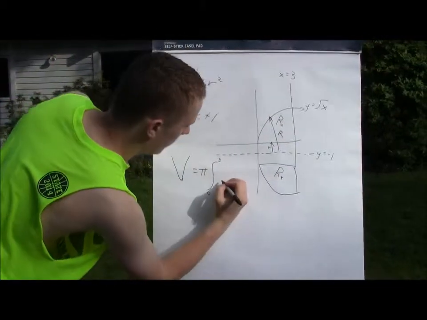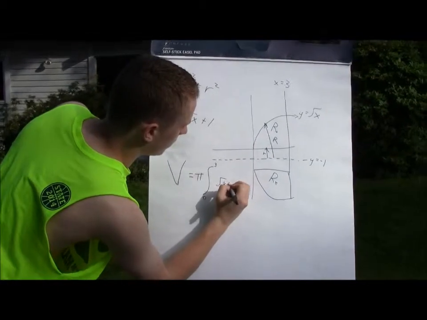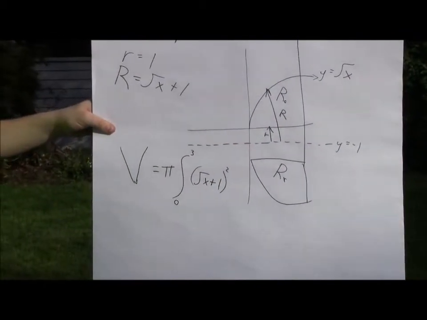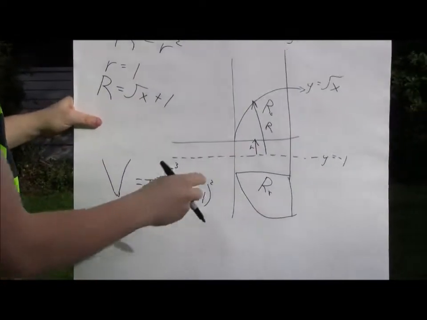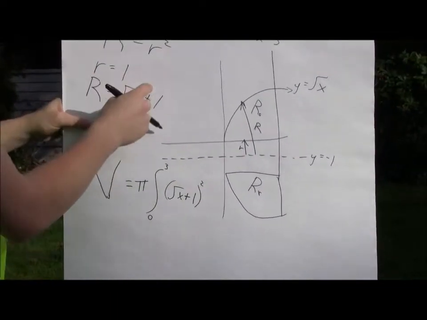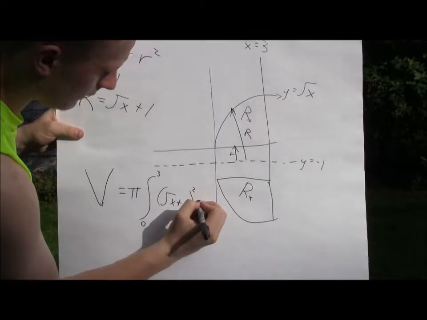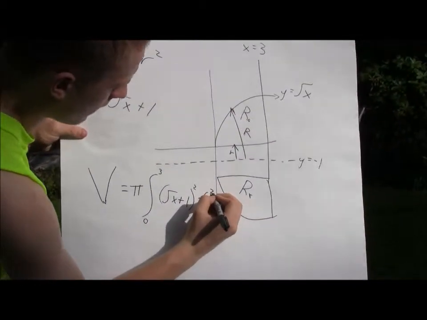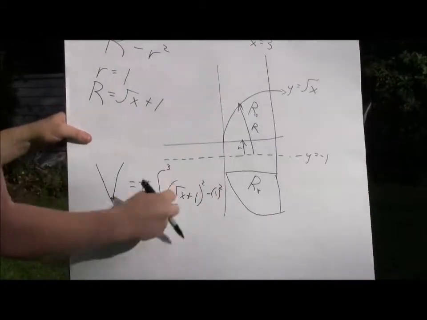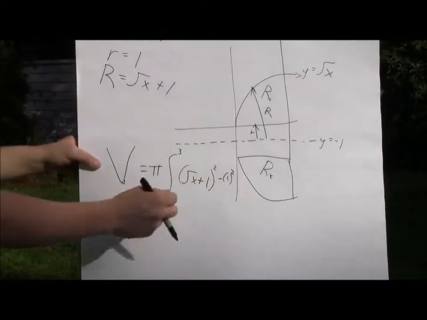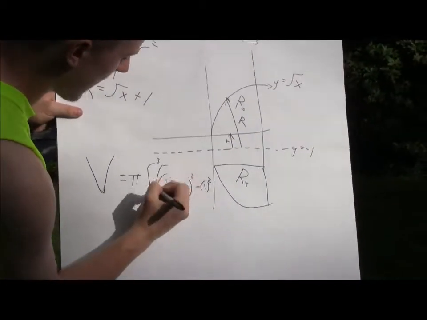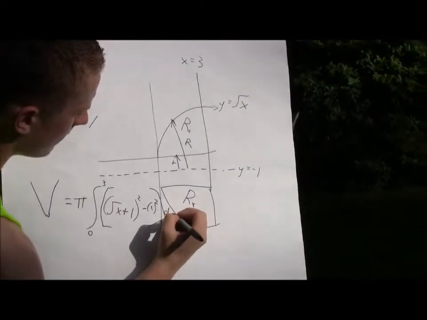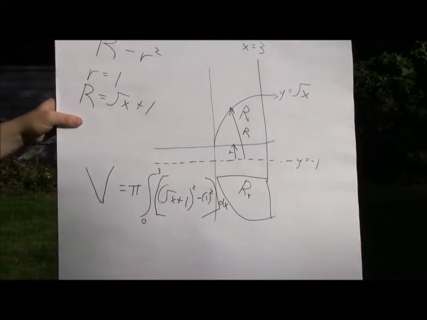So we're going to say square root of x plus 1, square that. And then we want to subtract little r, which is just 1, squared. And we want this entire thing done with respect to x. The way we write that, we'll put the entire thing in brackets and write dx.